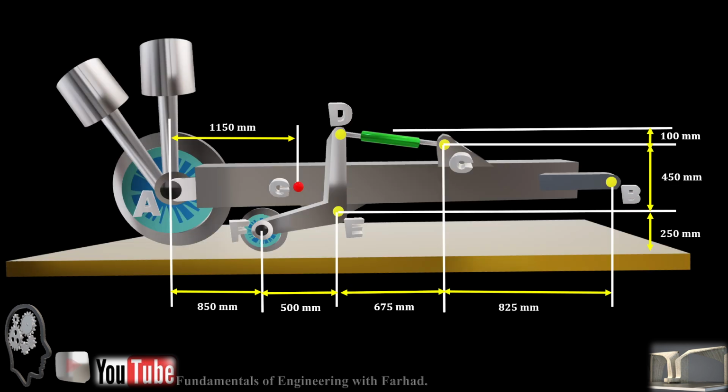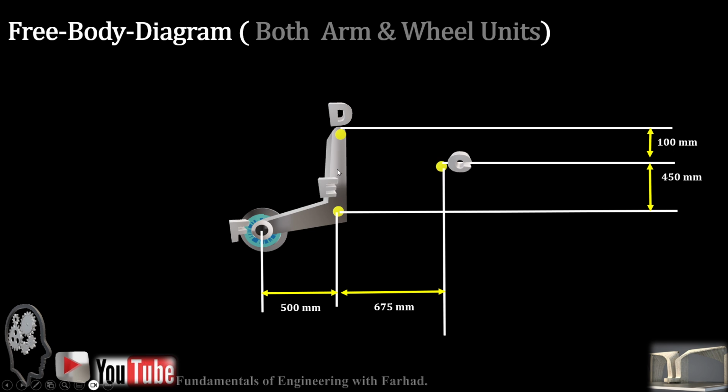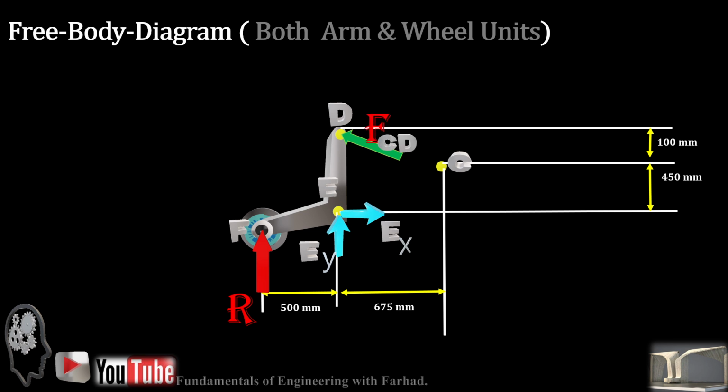Then if we draw the free body diagram for the DEF part, the arms and wheel unit, you can easily see R, which we already calculated, is applied at F, then EX and EY apply at the pin, and the tilted force FCD with the angle of alpha applies at point D. This time summation of moment about E goes zero, canceling out these two forces, and then we can get the force of the steel rod CD.